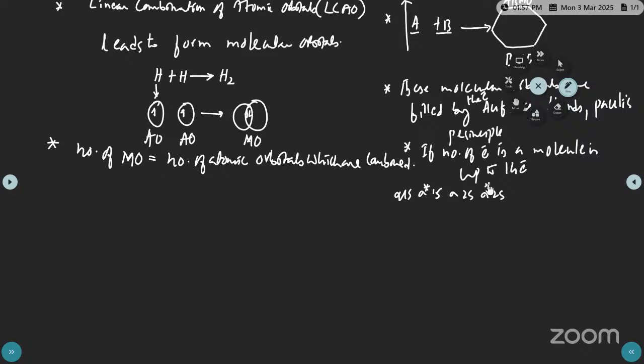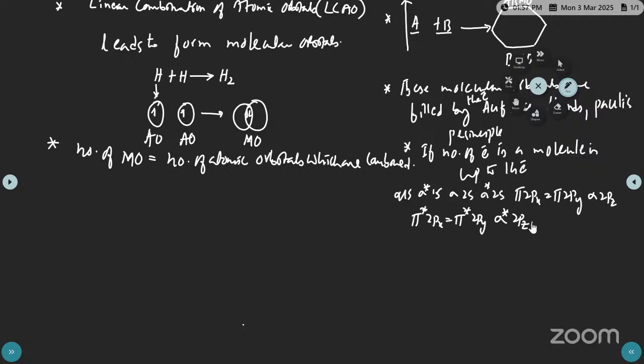And next pi 2px is equal to pi 2py, and sigma 2pz. And then pi star 2px is equal to pi star 2py, and sigma star 2pz. So this is the molecular orbital electronic configuration of up to 14 electrons.